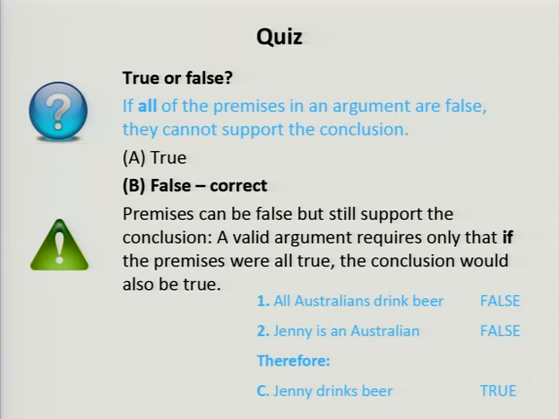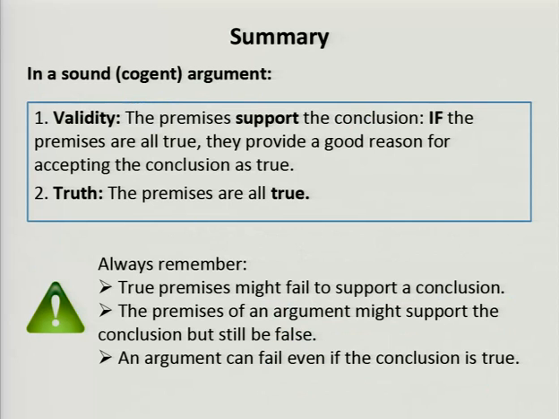So here we have a true conclusion to false premises. But they still turn out to support. If they were correct, they would support the conclusion. So these two things are independent. Is that clear? Yeah? Okay, good.